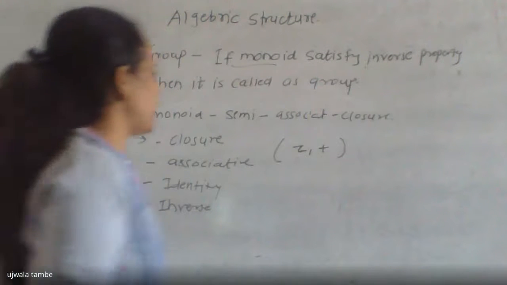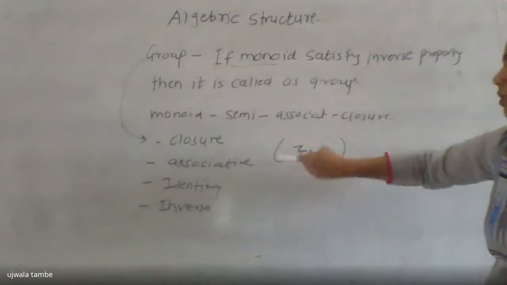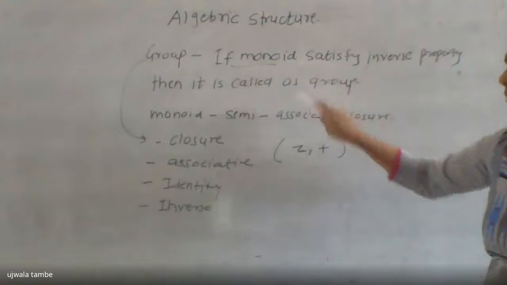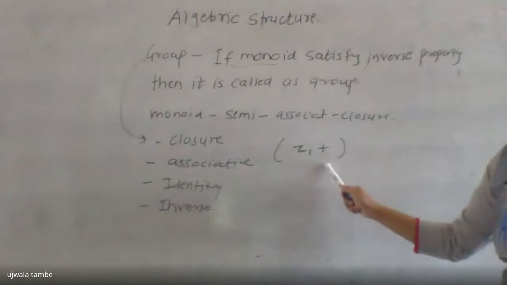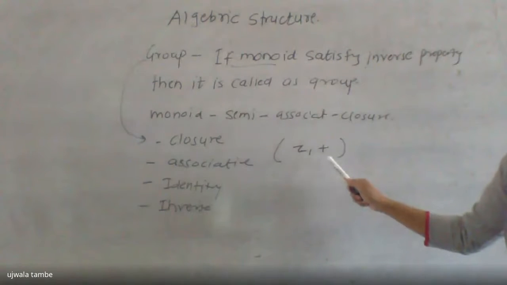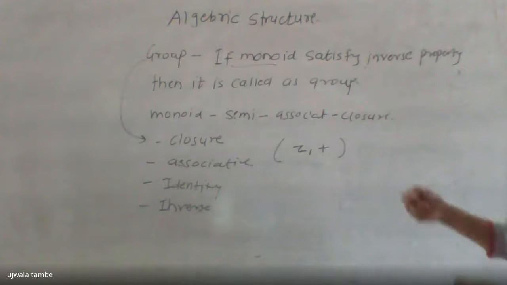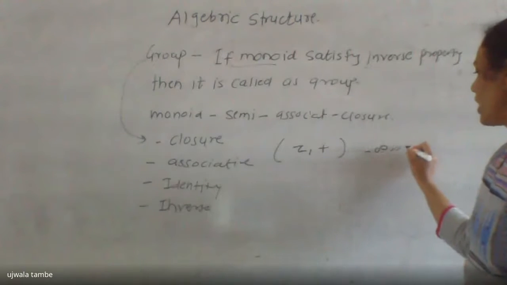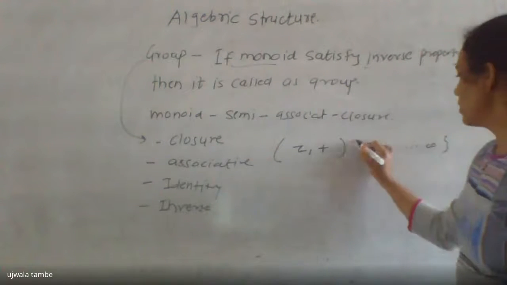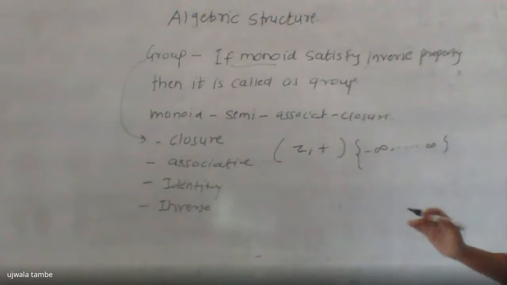Okay, as we know, Z comma plus is a monoid, as we already studied in the previous topic, right? So we just have to check the inverse. So what is the inverse for addition? The same value with opposite sign. As we know, Z contains positive numbers as well as negative numbers. So Z comma plus is a group, right?